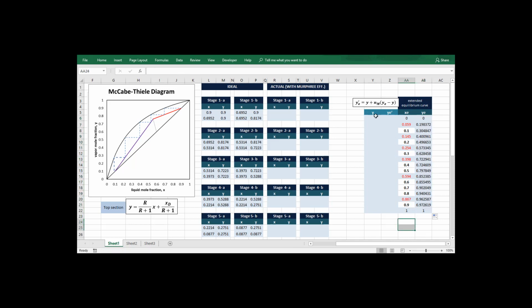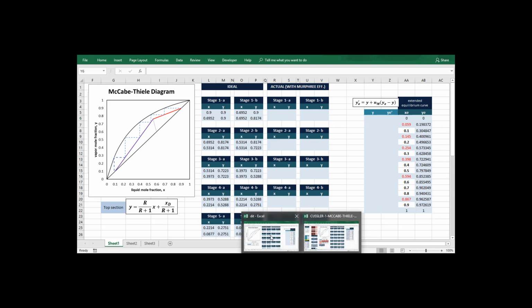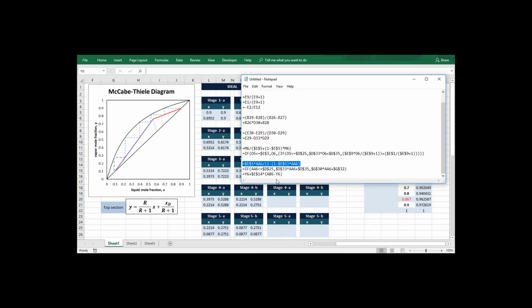Next is y. The formula for y is equal to mx plus b. But the values of the slope and intercept that we will use depend on some conditions. So I'll input the formula.